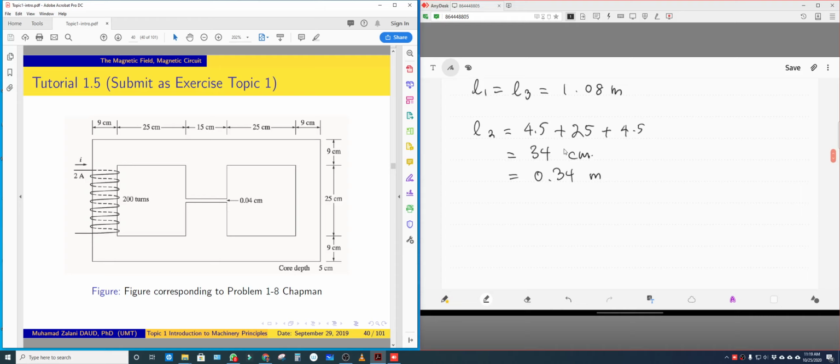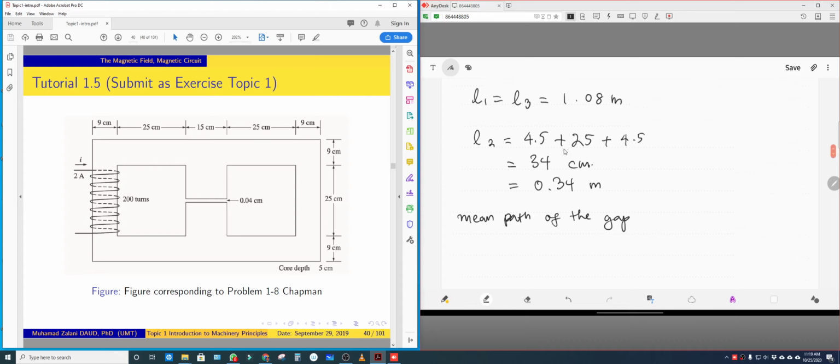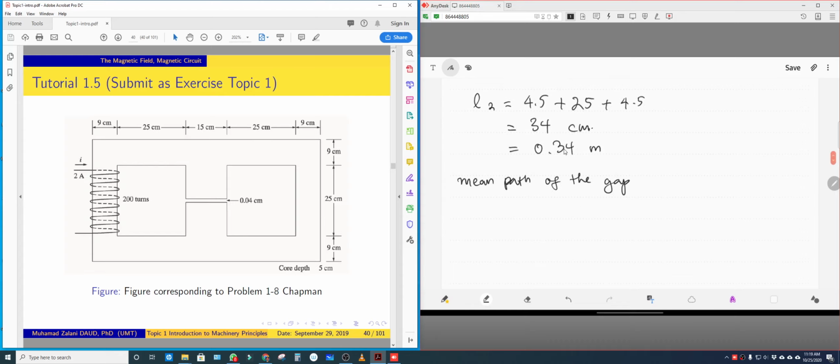And then you also have to calculate the gap, gap punya path, which is L4. L4 is the mean path of the gap, which is in this case L4.